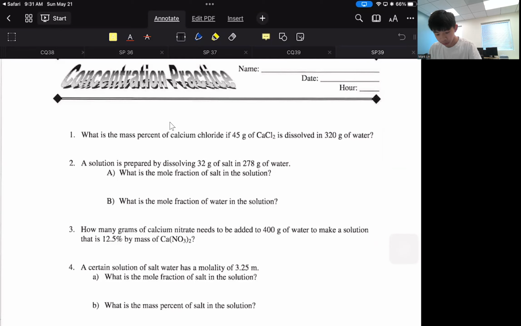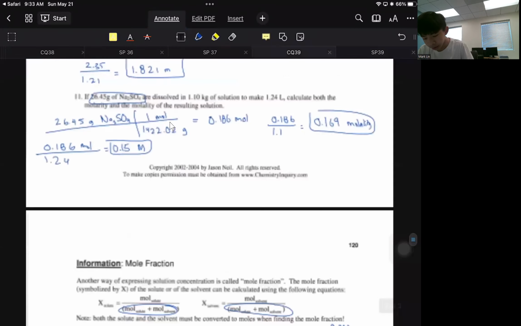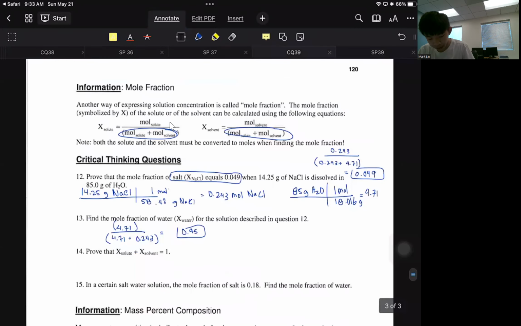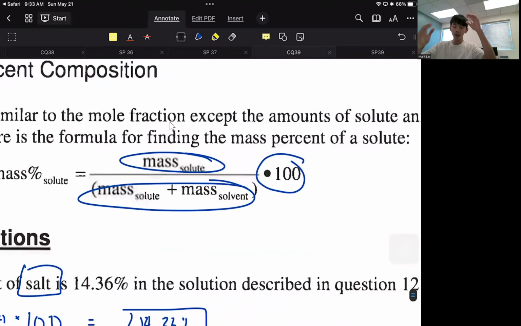Number one, what is the mass percent of calcium chloride if 45 grams of CaCl2 is dissolved into 320 grams of water? Mass percent is solute over the whole thing.